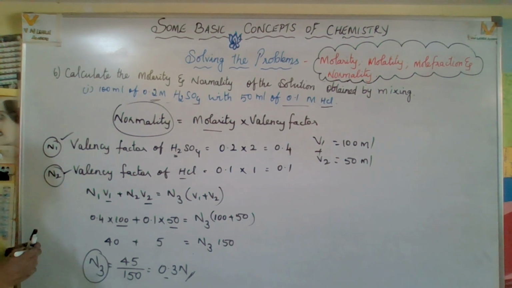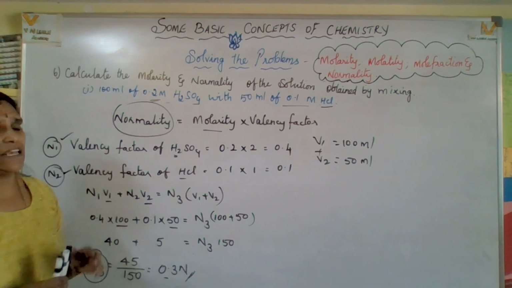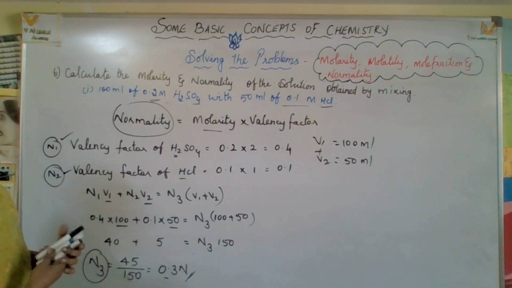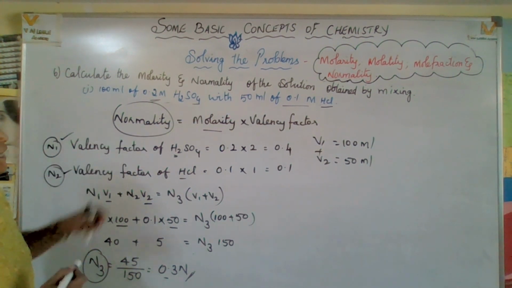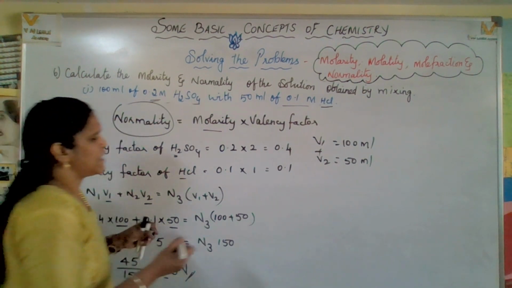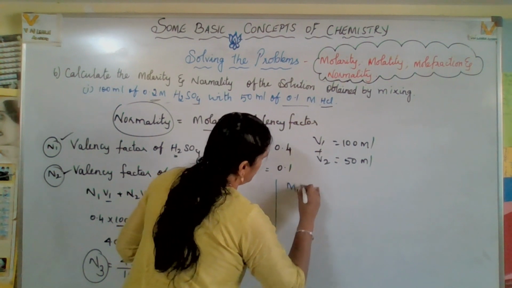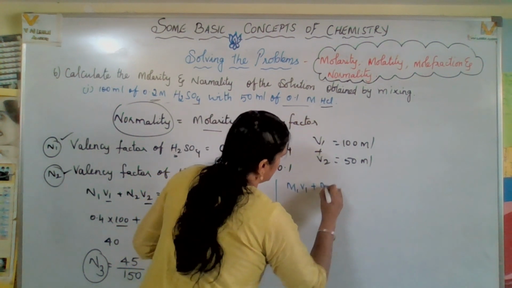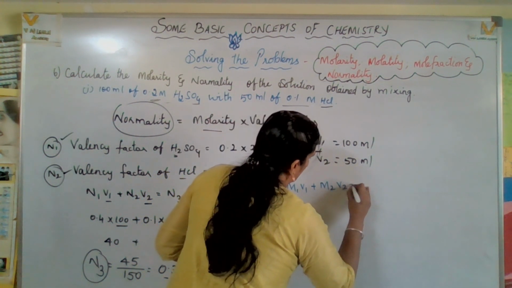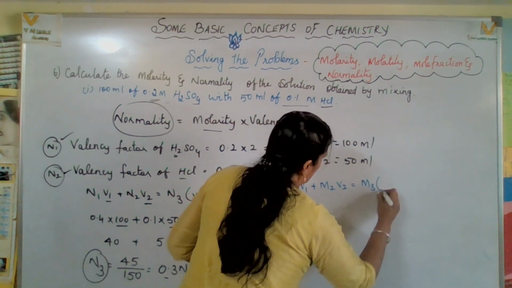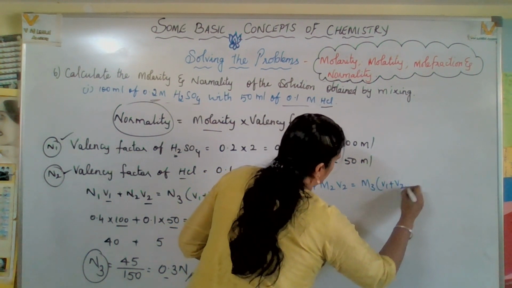Now one more thing we have to find out, that is the molarity. So what formula can we use? That is also very simple. Here also the two solutions are being compared. So let us go for this formula: M1 V1 plus M2 V2 equals M3 into V1 plus V2.